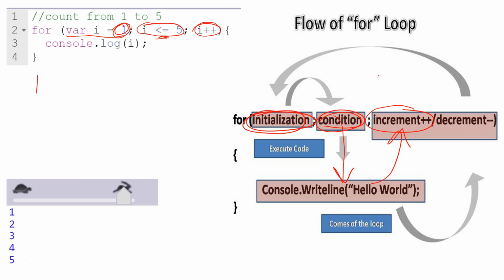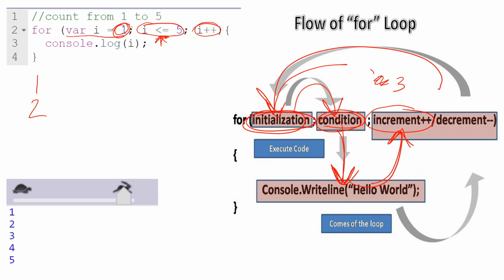Now we're on 2. Is 2 less than or equal to 5? It is. So we write down 2. Then we come back up here and iterate, and now we're on 3.